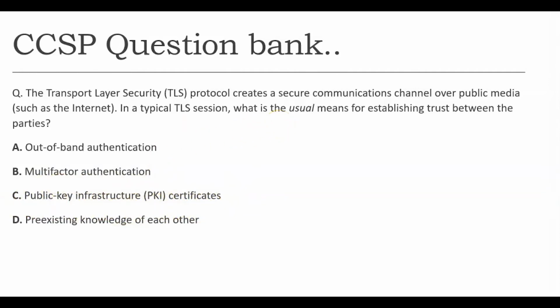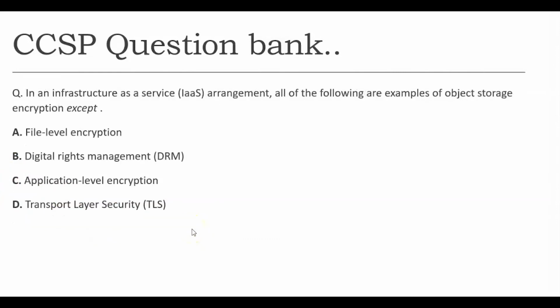In the exam, they will write a story before the question, and in the end the meaning will be the same. So you have to first understand the question, and when you observe the answers, you will see that you have seen a similar question in the sample banks, but they have changed the way of asking. The answer is public key infrastructure. The last option is not valid in this case.